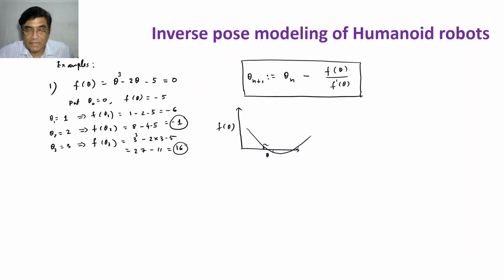It means that the value for which the function will reach 0 lies between these two theta values. So the solution lies between 2 and 3. That's it. So now you will run the algorithm.